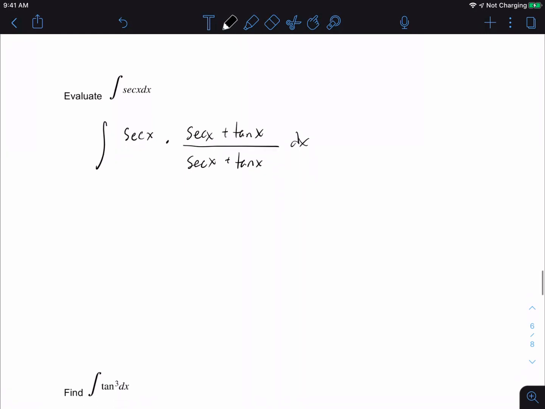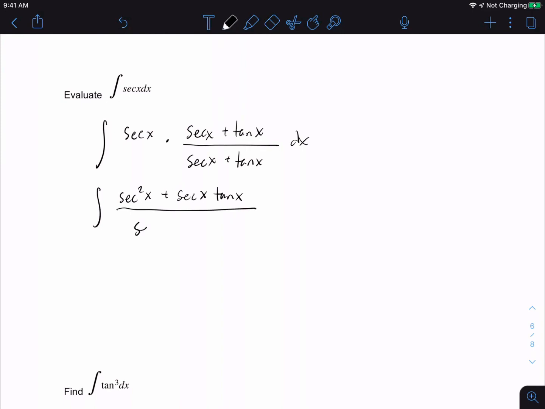The reason I'm doing this is because it makes this problem very basic for me. I'm going to end up with secant squared x plus secant x tangent x all over secant x plus tangent x dx. Agreed?